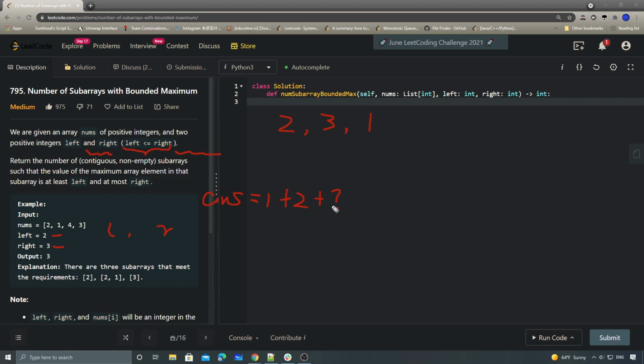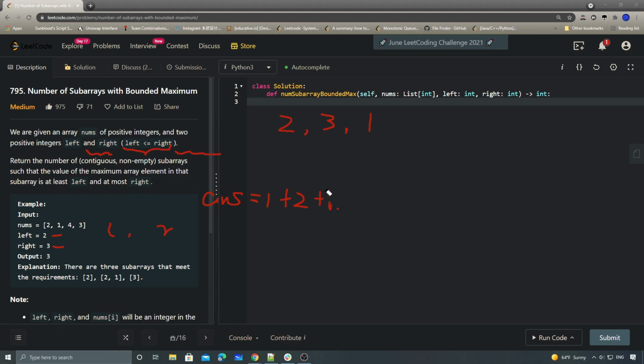Obviously it cannot be 3, because 1 itself is not within the range. That's why we cannot add 3.